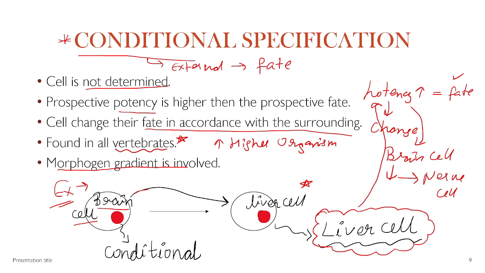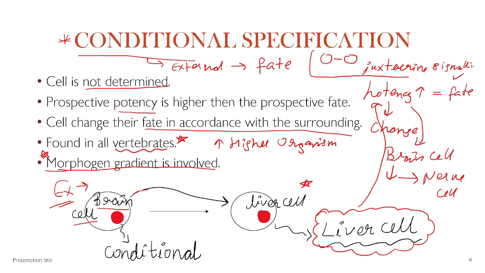Morphogen gradient is involved. Now what is morphogen? We will be studying in our upcoming videos in detail what is morphogen. For now, morphogen is a type of signal which can give a signal to a cell to convert into a particular cell type. So in conditional specification, what happens is either there will be cell to cell interaction in a juxtacrine manner, that is juxtacrine signaling.